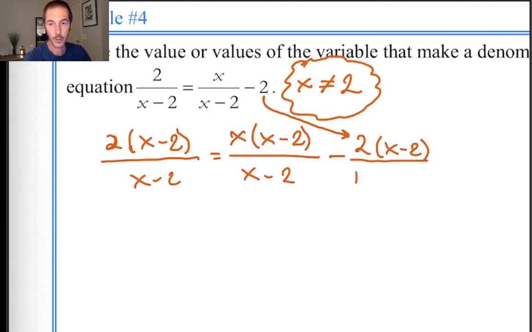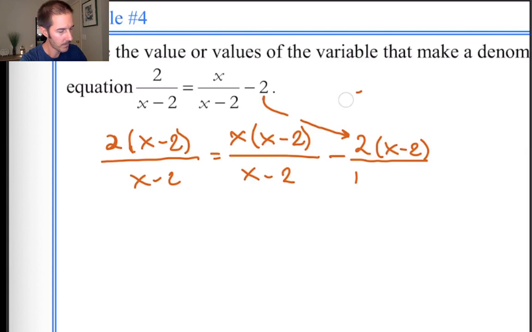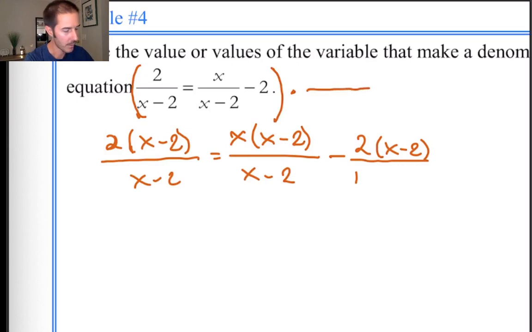I should have said this earlier. If you have multiple colored pens or pencils, or even if you want to go back with a highlighter, what we did to our original equation, see, now I want to erase this. It's in my way. We took this entire original equation and we multiplied it by the LCD over 1. And in this case, the lowest common denominator was x minus 2.